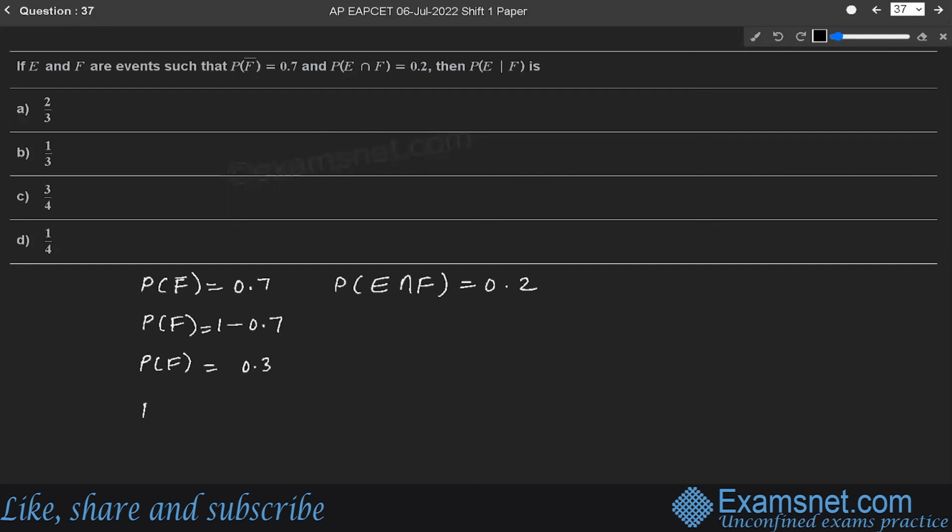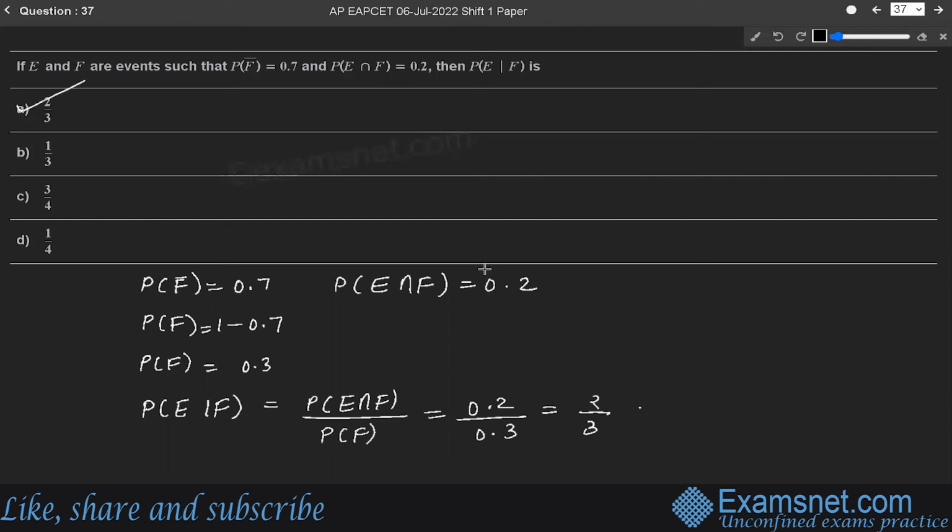We have to find the value of P(E|F), which is the conditional probability. By using conditional probability, P(E|F) is equal to P(E ∩ F) upon P(F), which is 0.2 upon 0.3, which equals 2/3. Therefore, the correct option here is option A, which is 2/3.